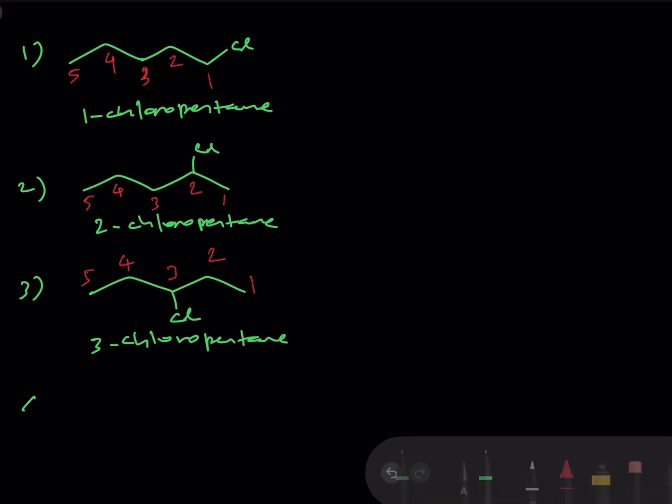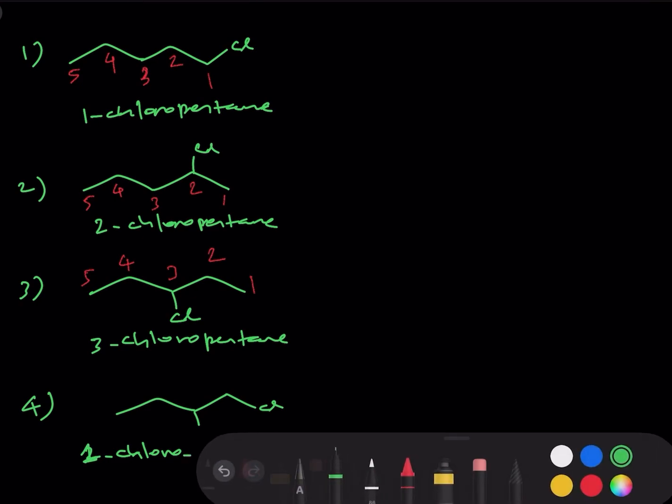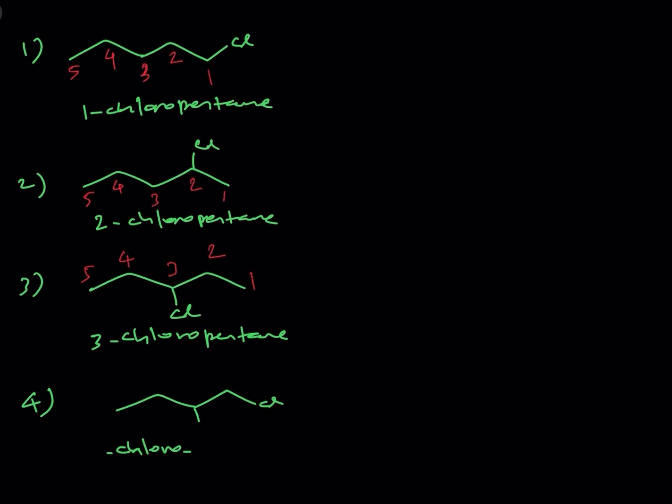So, our fourth isomer will be 1, 2, 3, 4 and then write down the chlorine. So, we have 1-chloro-2-methylbutane. Not 2-chloro, this is 1-chloro.